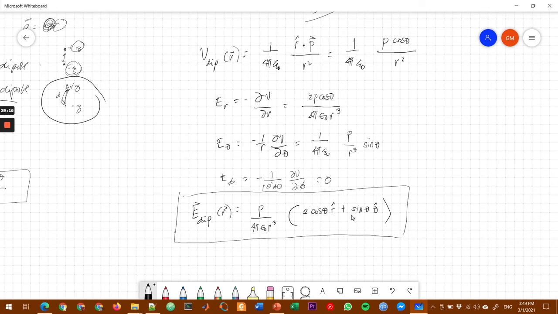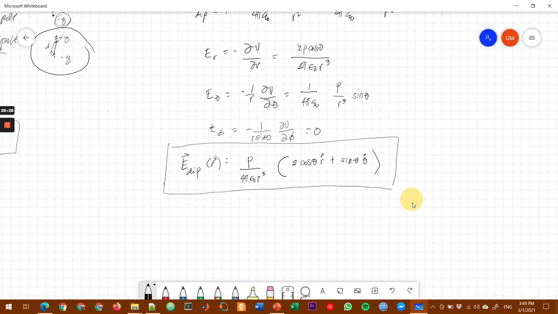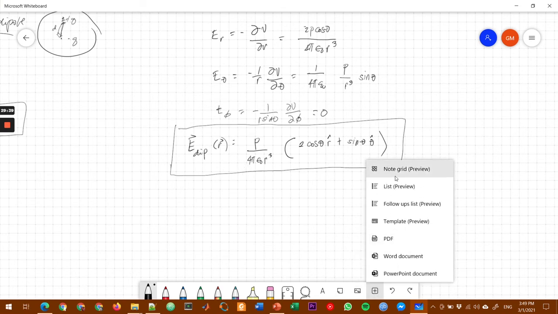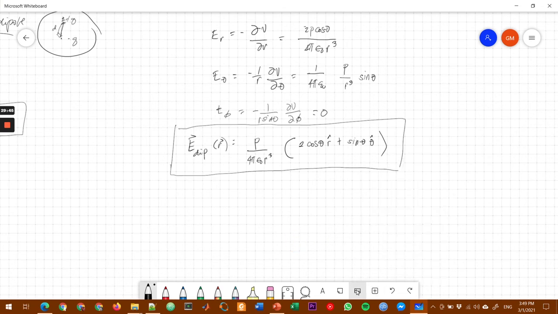If you plot it on any software, maybe a programming language, say MATLAB or Python or even C++ or C, you will find out that its potential and electric field direction or pattern is given by this. So I will insert it.